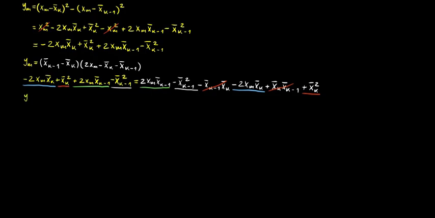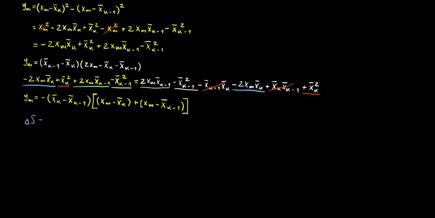Alright, let's reformulate y sub m now as minus the difference between our current average and our previous average multiplied by x sub m minus our current average plus x sub m minus our previous average.